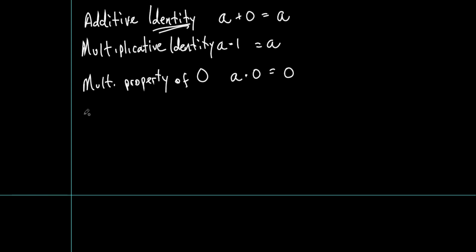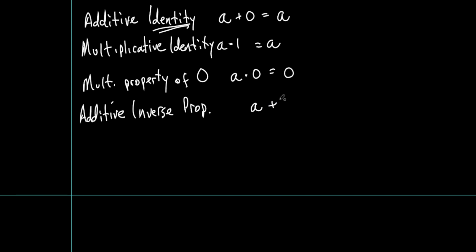And now we have an additive inverse property. All right, and what that is is this. If I take A, we're using the same letter all the time. What's the inverse?